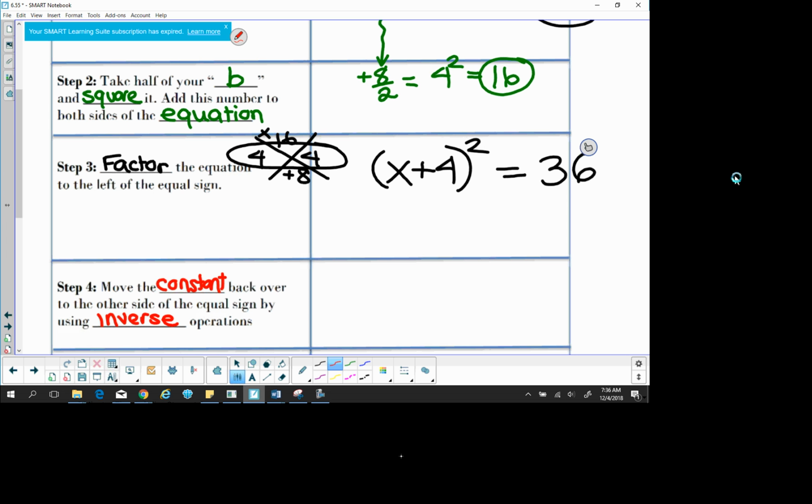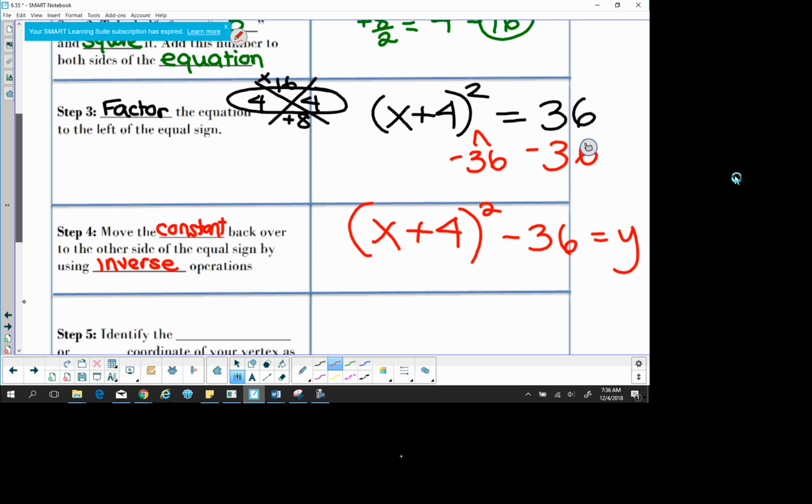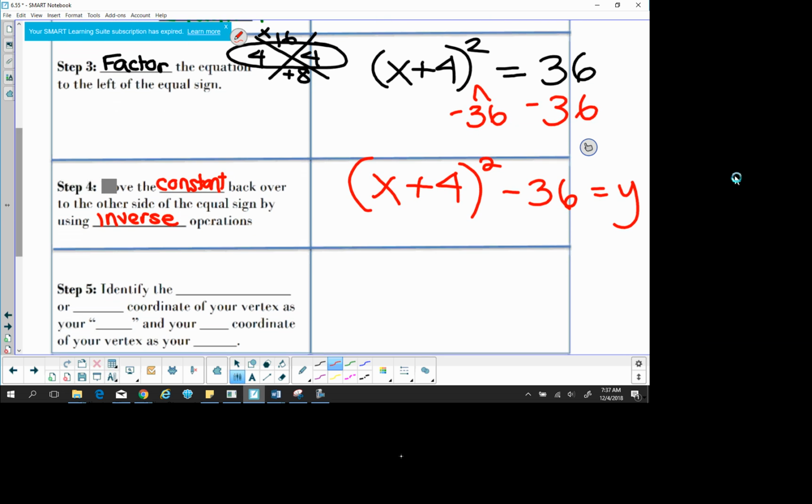Right here, I want to get 36 to the other side. How would I do that? Subtract, because it's positive. And I'm going to put it right there. So my new equation is x plus 4 squared minus 36 equals y. And then that's how we convert it.